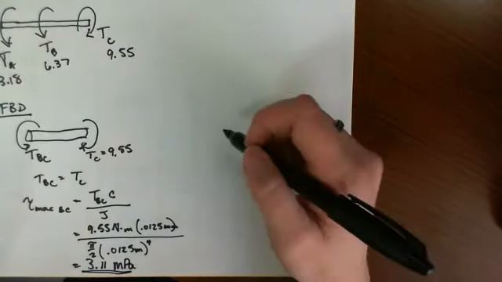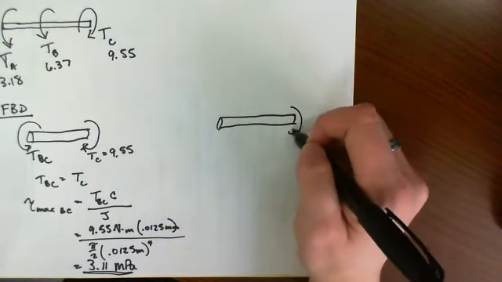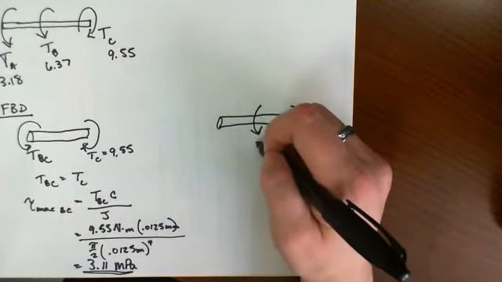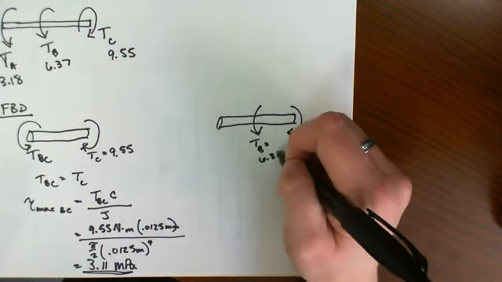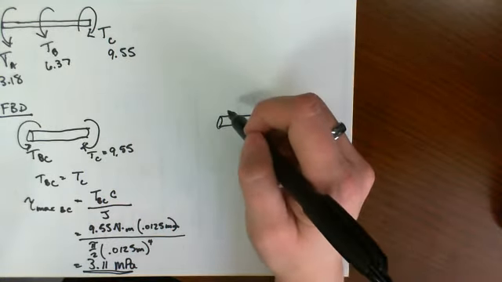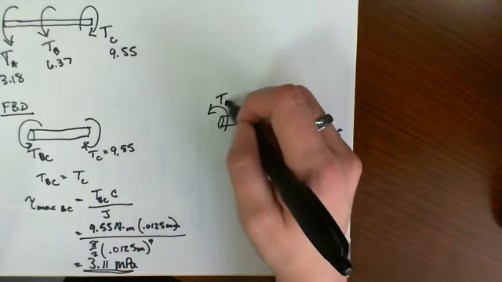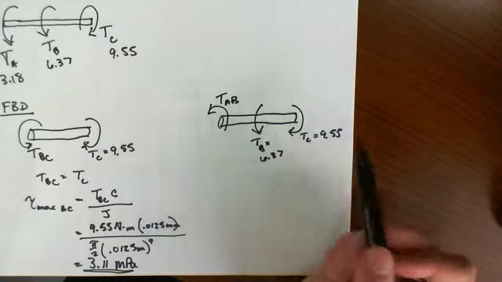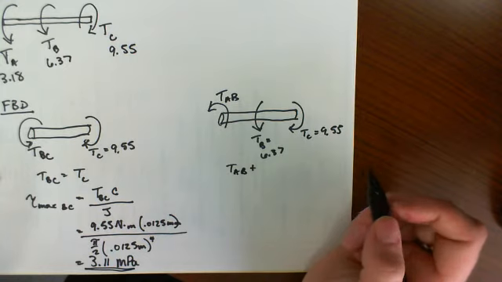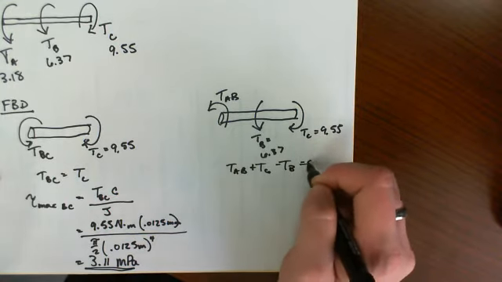All right, then if we do our second one, we take our shaft, apply our torque at C, apply our torque at B, and then cut it off before we get to A. So we know that for the torque between A and B, we have TAB plus TC minus TB is equal to 0.